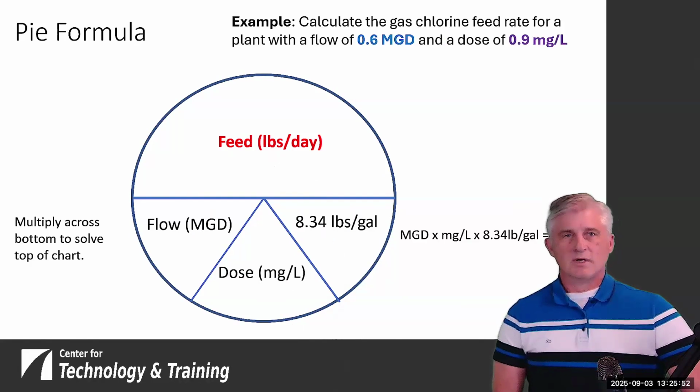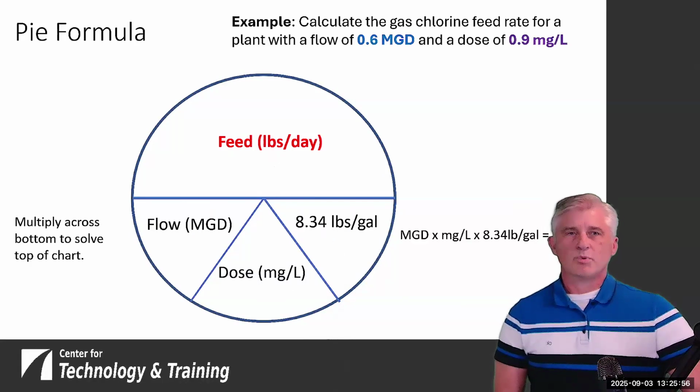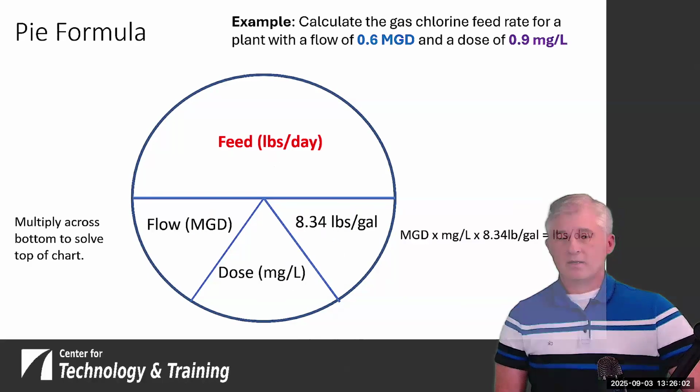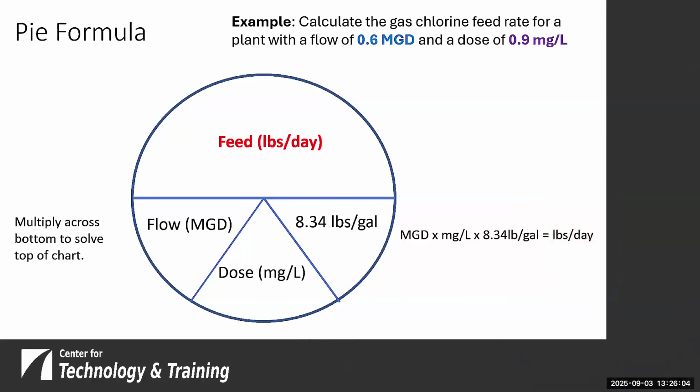So we'll do an example. We'll calculate the gas chlorine feed rate for a plant with a flow of 0.6 mgd and a dose of 0.9 milligrams per liter, 0.9 parts per million. So we can put these in here, so we see where they go.